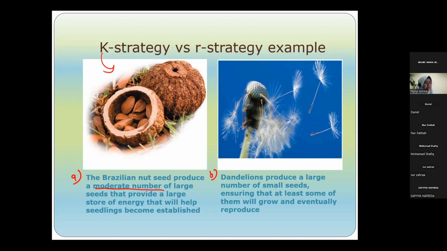Moderate number of large seed. So that is the keyword, right? Because one of the K strategy, ingat tadi nombor berapa tadi tu? Number of offspring dia tak terlalu banyak. Okay, whereby dandelion is the R strategy because you can see it produce large number of seeds, right? Itu memang characteristic of R strategies or R selection.